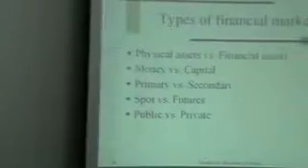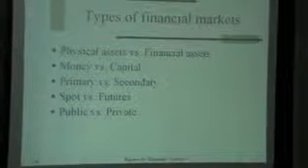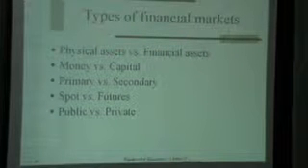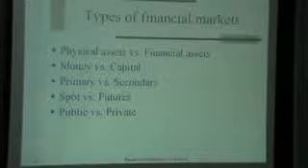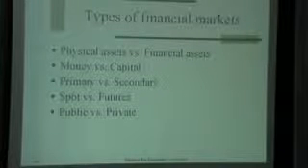So that is the difference between money market and capital market. Though, like I described in the earlier lecture, when we talk about short-term, we usually mean securities with a maturity of less than 1 year. And when we talk about long-term, those are securities which mature in a period of more than 1 year.